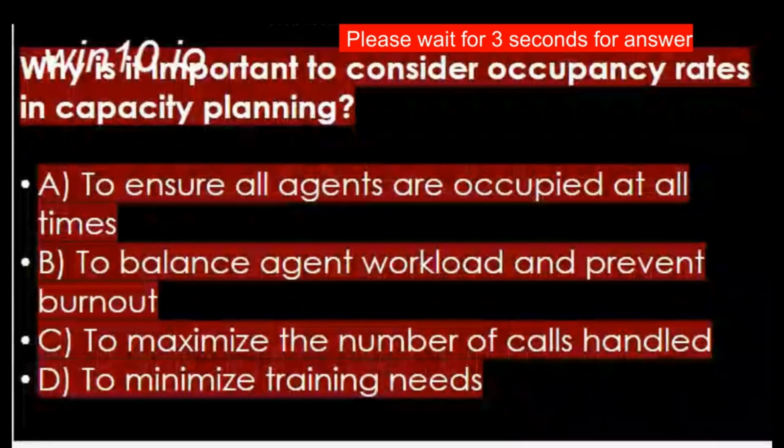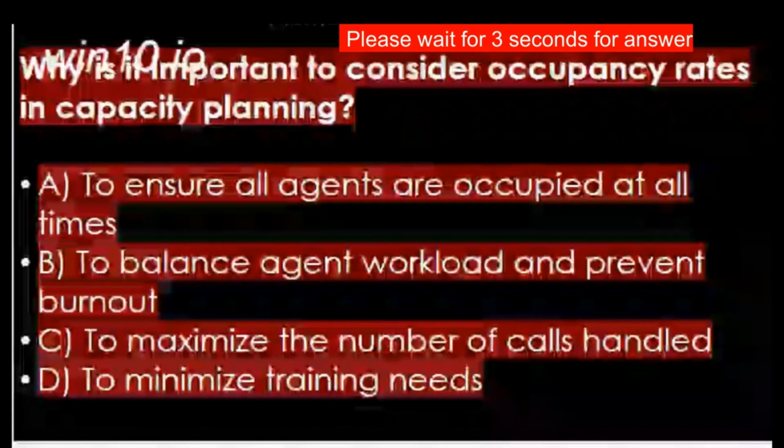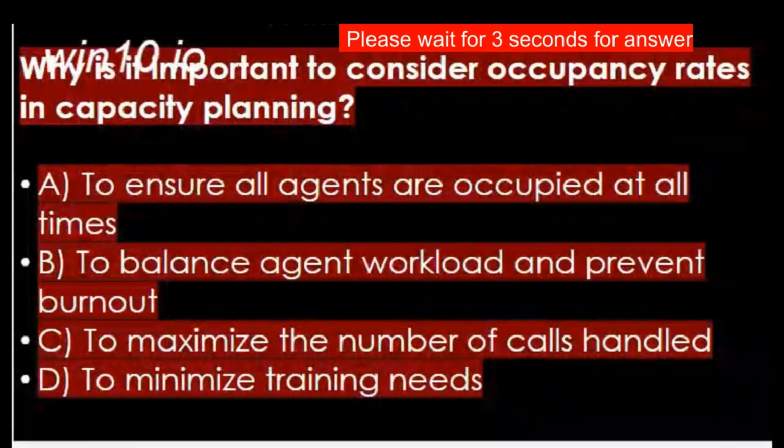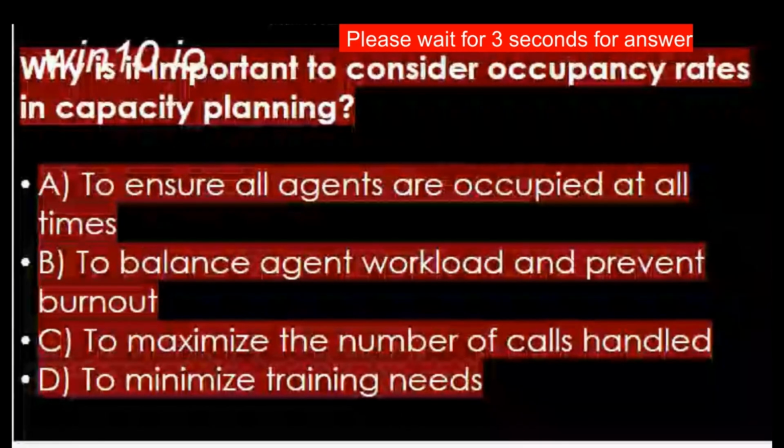So it is very important to have the ideal occupancy rate in capacity planning to balance the agent workload, to make sure that they have the right amount of workload without getting burned out. They should not be having a back-to-back workload. Otherwise, they will use some unethical ways to avoid work.